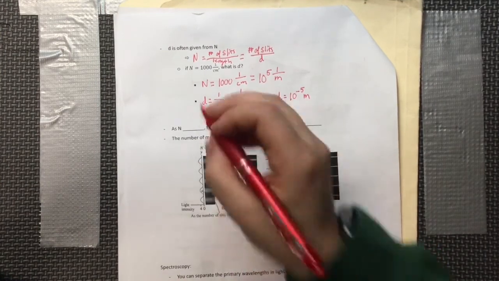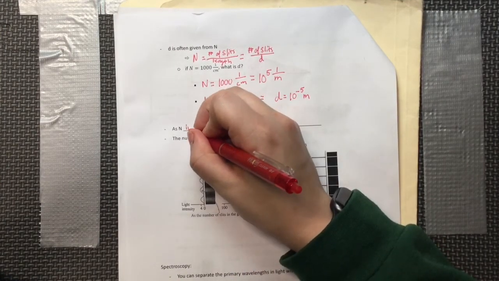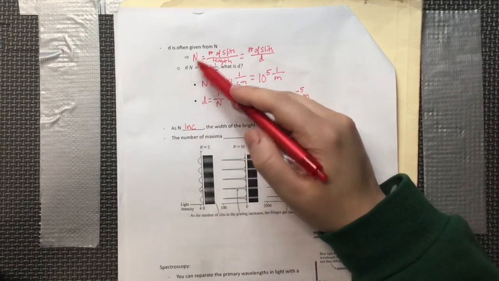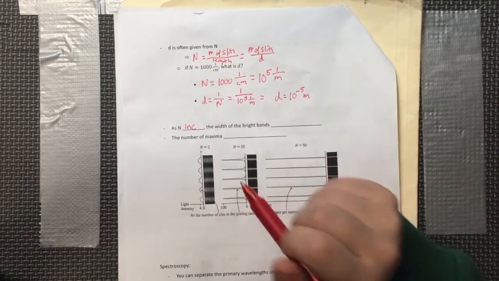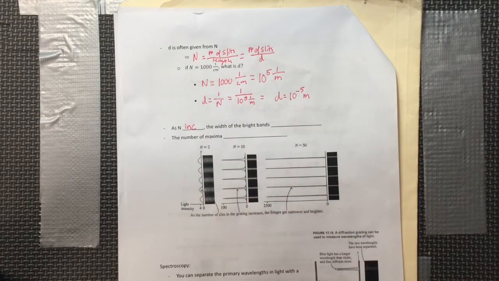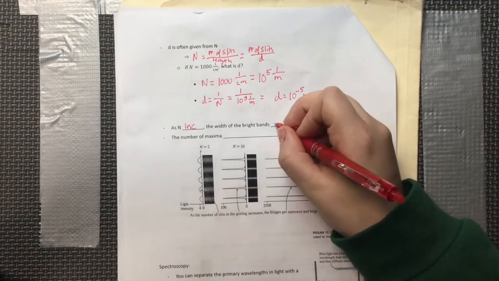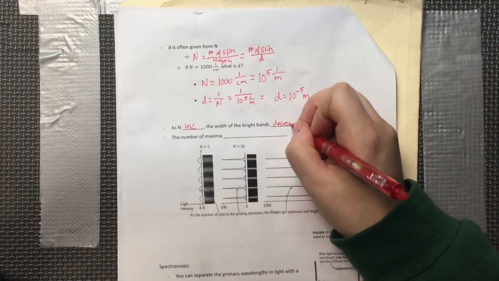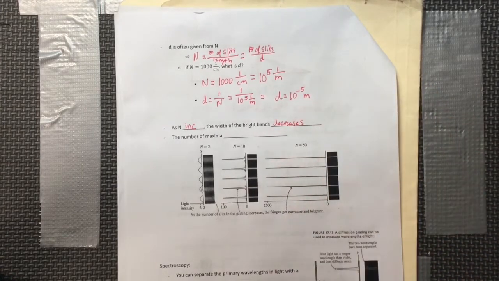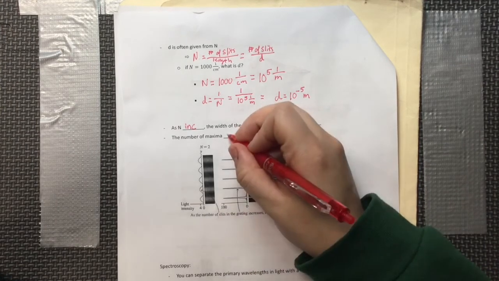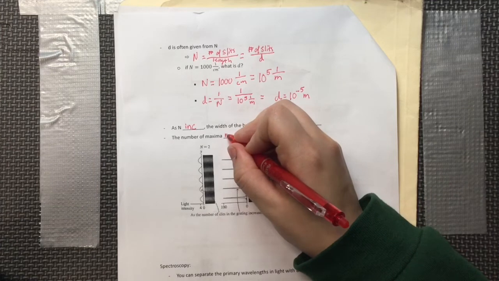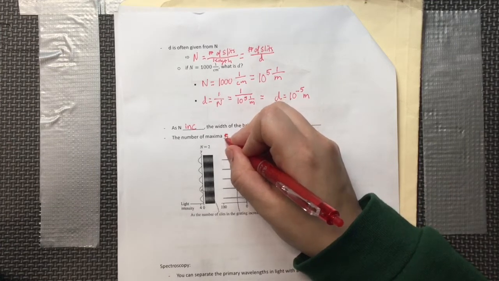As n increases, as that goes up, the width of the bright bands decreases. However, the number of maxima will stay the same.